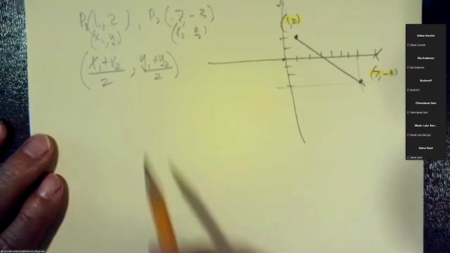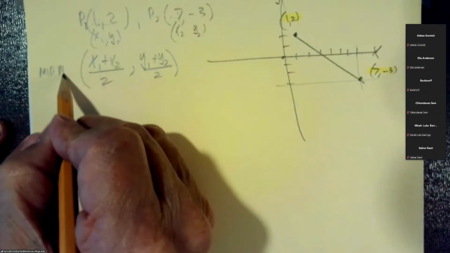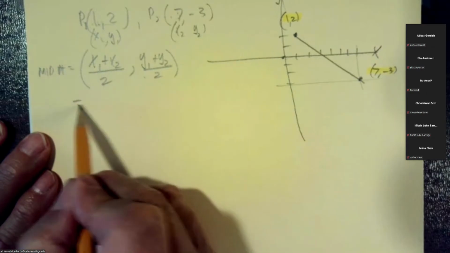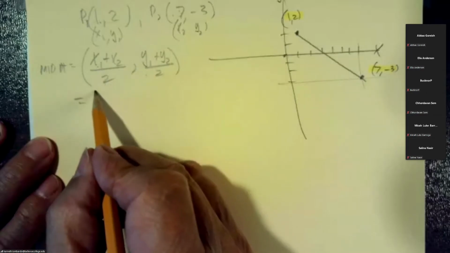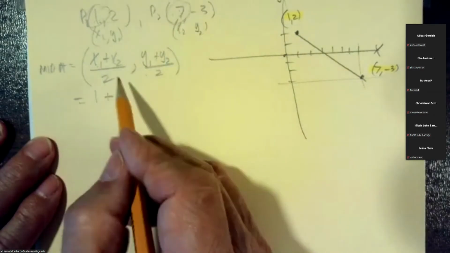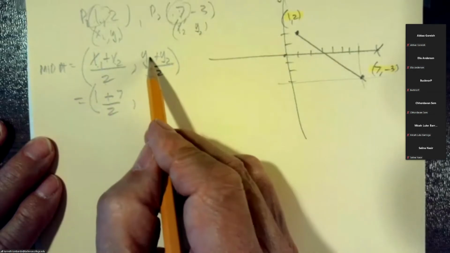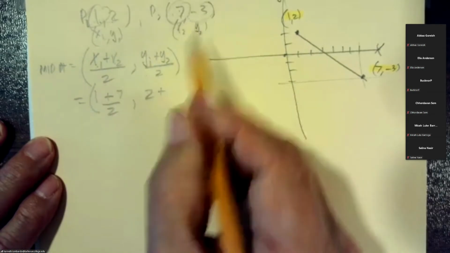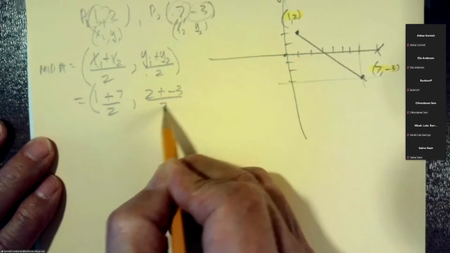So in general, that's where the midpoint would be located. And so now if I substitute in actual values, x1 is 1 plus x2 is 7, divide that by 2, and then y1 is 2 plus y2 is -3, and that's over 2.